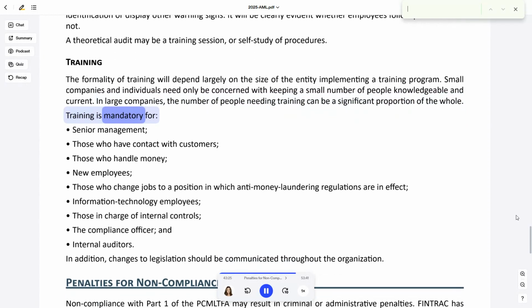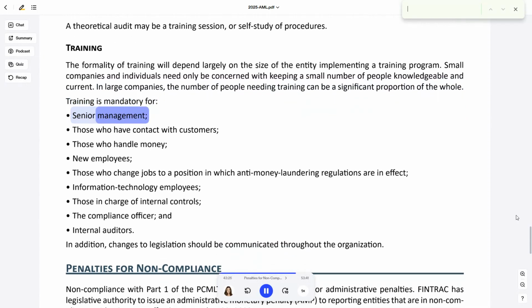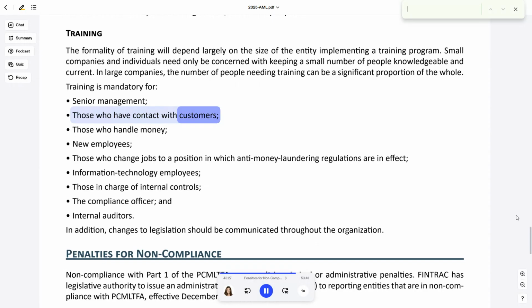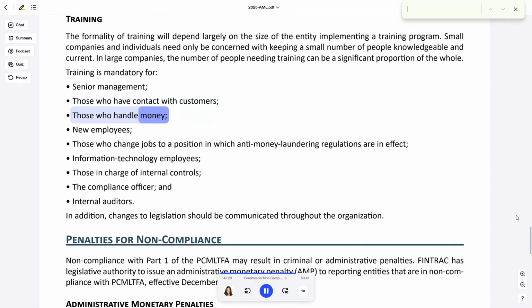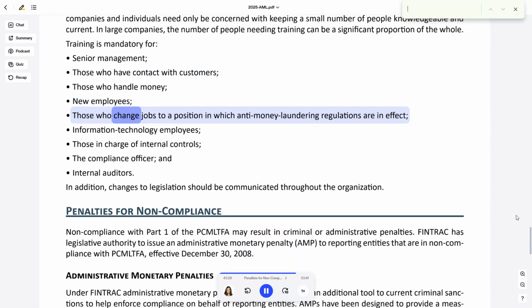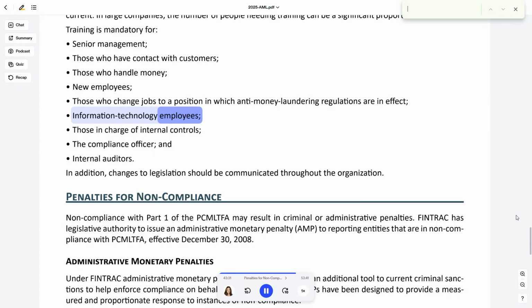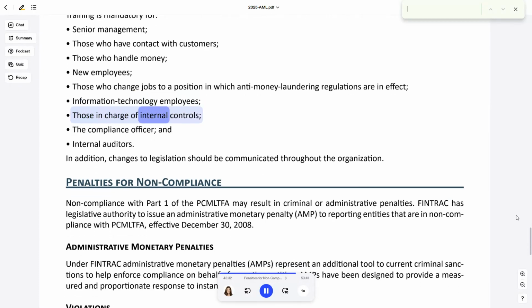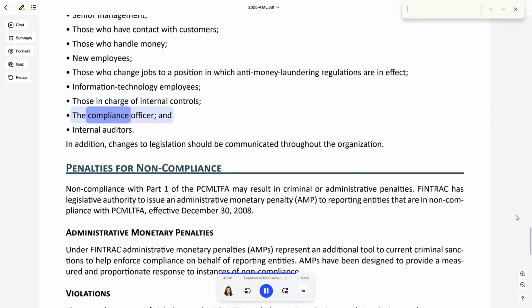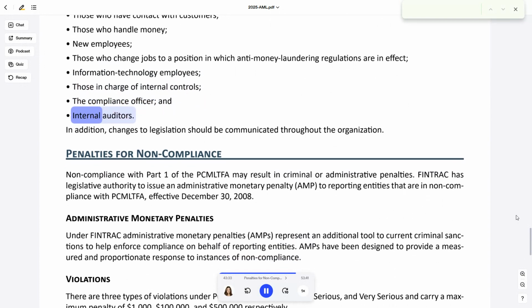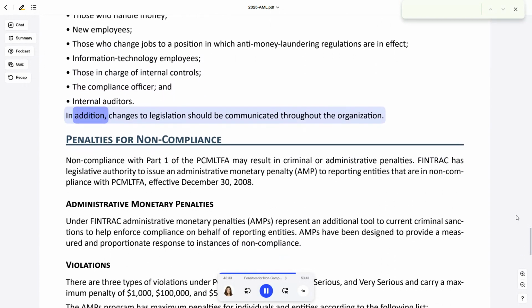Training is mandatory for senior management, those who have contact with customers, those who handle money, new employees, those who change jobs to a position in which anti-money laundering regulations are in effect, information technology employees, those in charge of internal controls, the compliance officer, and internal auditors. In addition, changes to legislation should be communicated throughout the organization.